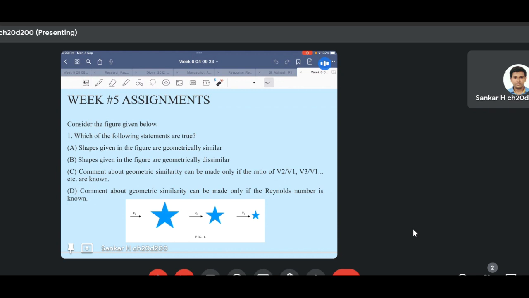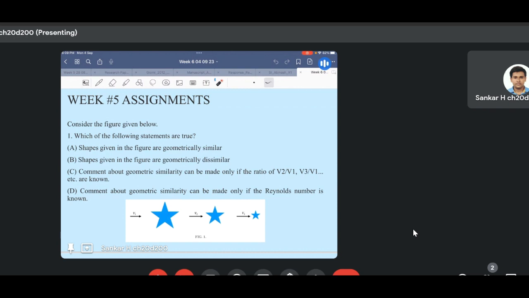So, let's look at each option. Shapes given in the figure are geometrically similar. We see that this represents a star, and each of these smaller versions represents a scaled version of the star, a mini version of this bigger star.